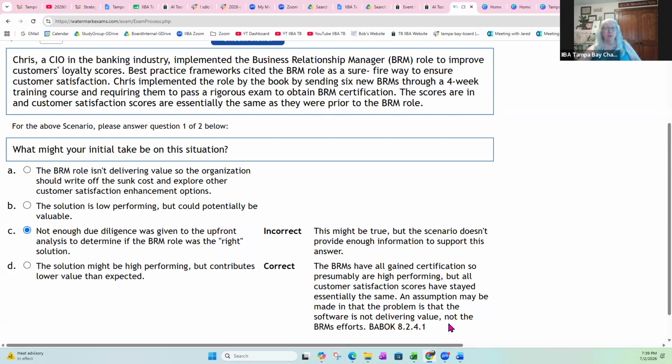The BRMs all gained certification, so presumably they are high performing, but customer satisfaction scores have stayed essentially the same. An assumption may be made that the problem is that the software is not delivering value and it's not the BRM's efforts. There are so many things that can impact customers' satisfaction. It's not just a single role.